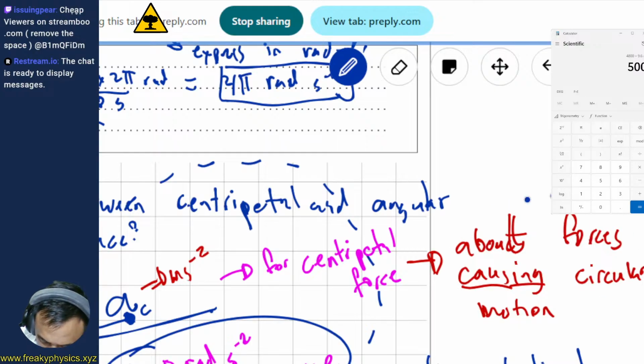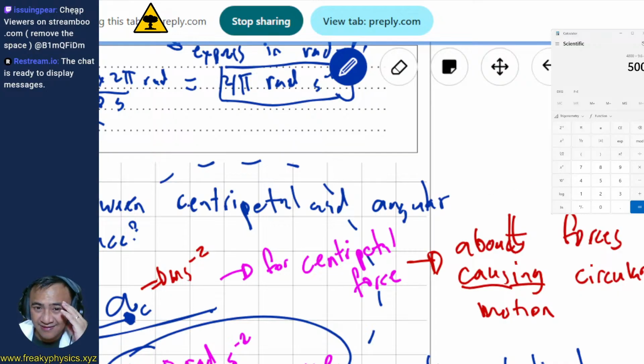So for the first one, even if we're still talking about things going around in a circle, once we talk about forces, it's more linear and it's causing the circular motion, so we use centripetal acceleration. But once we're talking about how fast it actually rotates, that's when we use the angular acceleration. Does that kind of make sense?